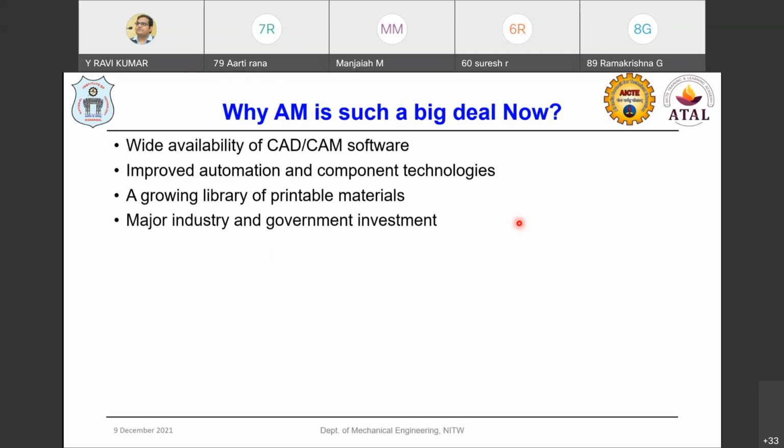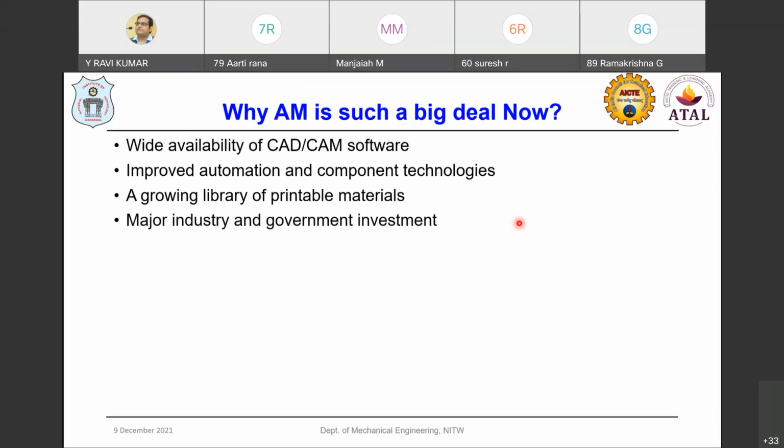Because when it started, we were buying almost all the metal AM machines from outside the country, from Europe or from the USA. We were buying the machines, but now the machines are manufactured in India itself.